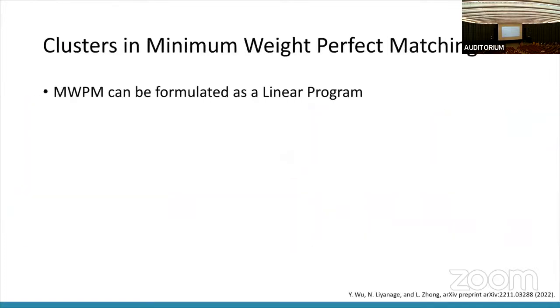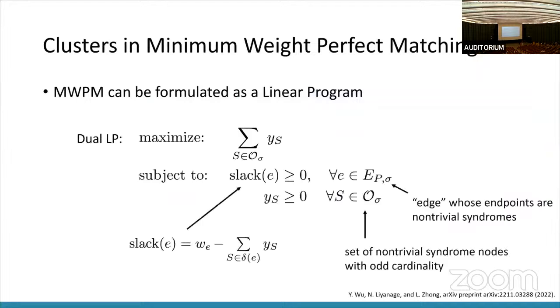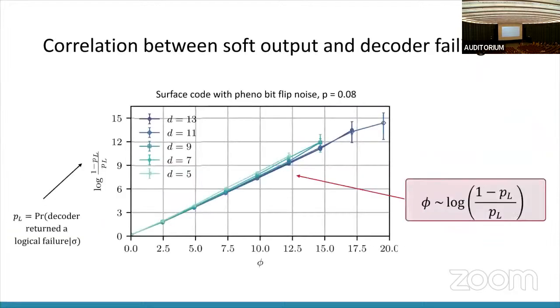Well, the MWPM decoder will output the bits that it thinks have failed, and then whether or not those give a logical failure.